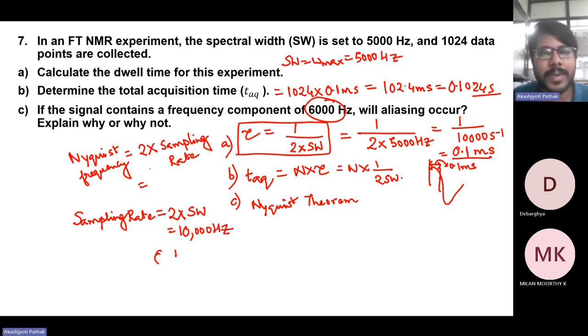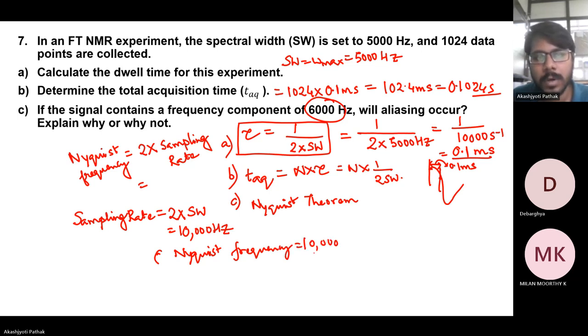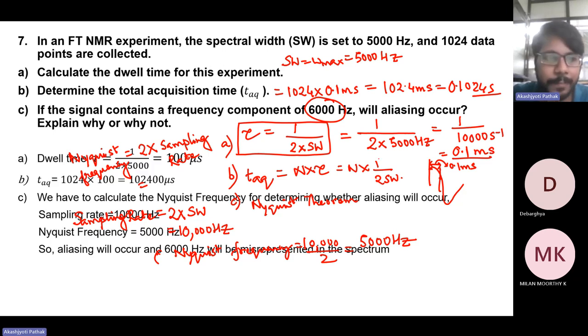What would the Nyquist frequency be in this case? The Nyquist frequency would be 10,000 by 2, which is 5,000 hertz. So this 6,000 hertz lies beyond this 5,000 hertz, so there will be aliasing. Okay. You can look at the solution.